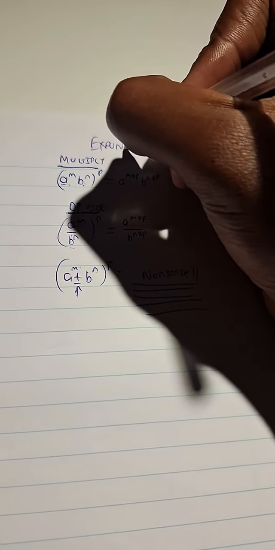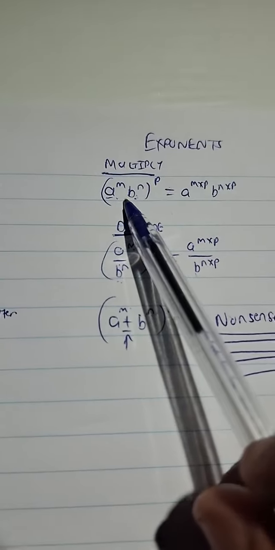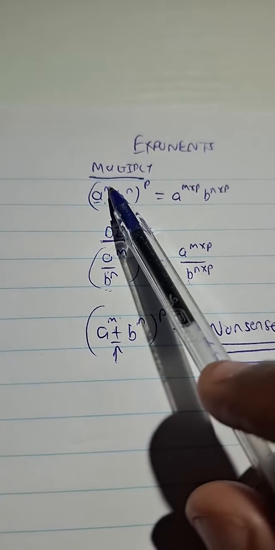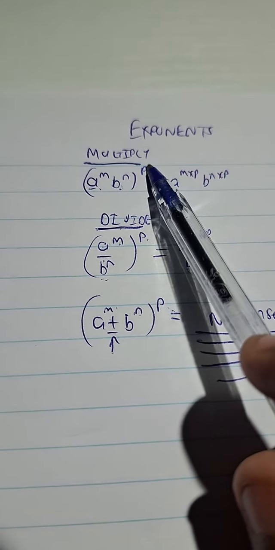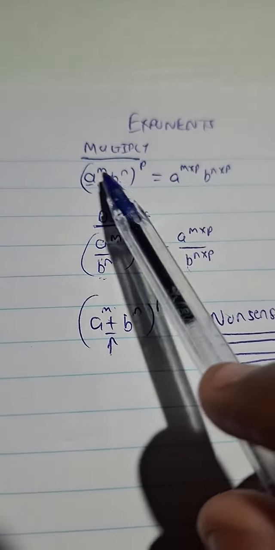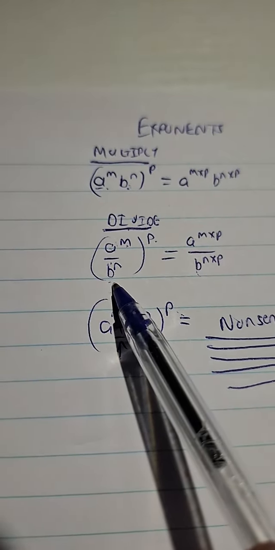This is for exponents. The law that Lusanda was talking about is this law that says if you have a base raised to a certain exponent, then you multiply the exponents. But this applies when the bases are multiplied with each other or divided with each other.